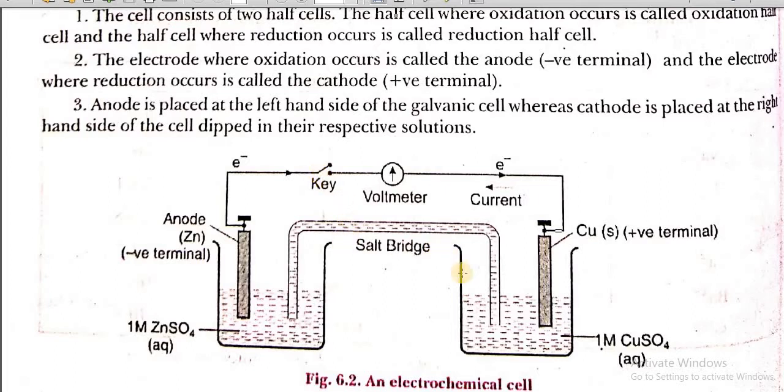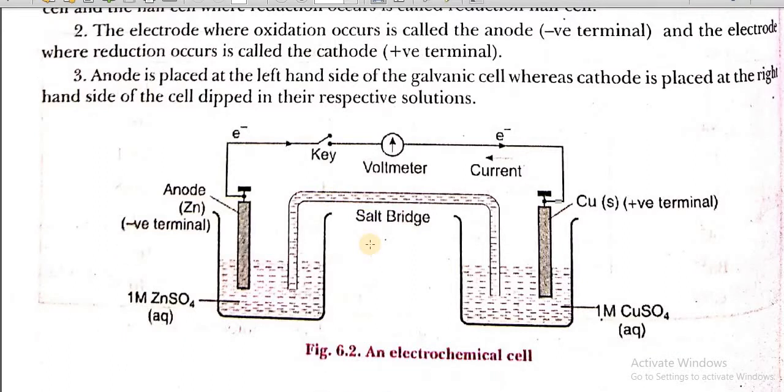And after that, this whole circuit is completed by the use of this tube. It is connected with a tube, and in this tube we have got a mixture of sodium chloride and potassium nitrate, dipped in agar-agar solution, and this is known as a salt bridge.